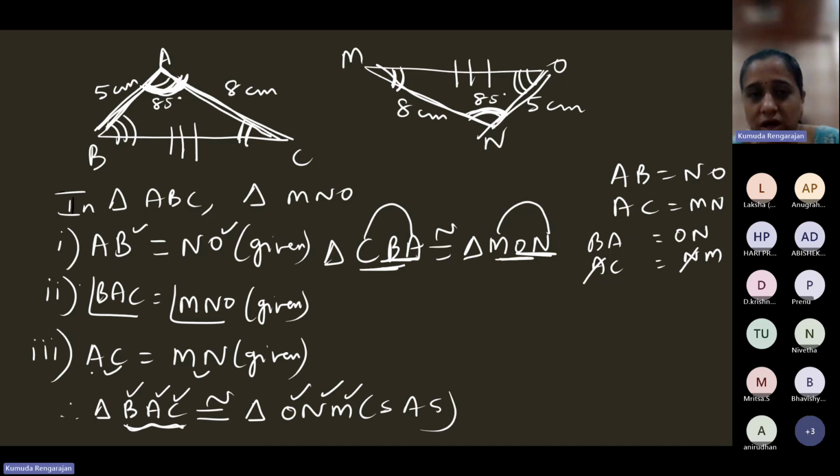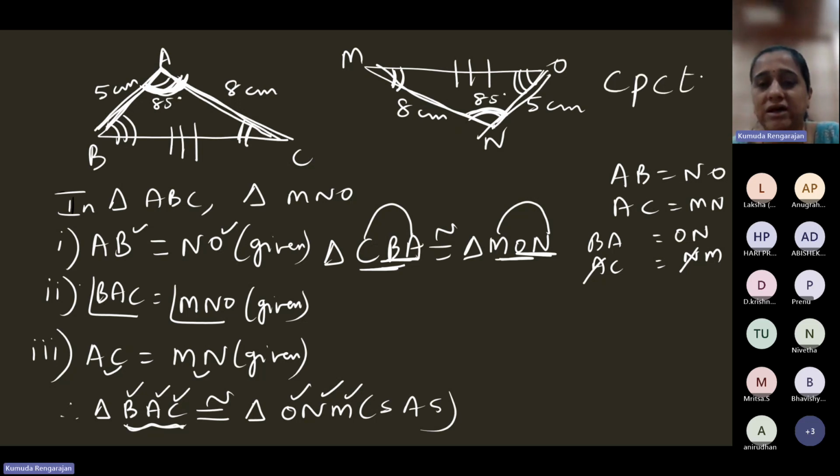So when you have just the needed information, like 3 parts of one triangle equal to the 3 corresponding parts of the other triangle, you use the relevant criterion and show that they are congruent. Once you prove they are congruent, using the order in which you have named the triangles, you can write the remaining unknown parts. That's called CPCT.